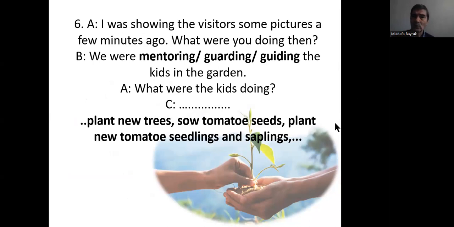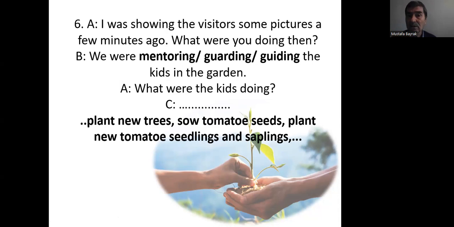We were mentoring, okay? We were mentoring the kids in the garden. We were busy with the kids in the garden. We were guarding the kids in the garden. We were guiding the kids in the garden. While we were busy with them, we were trying to be helpful to them about life in their future.